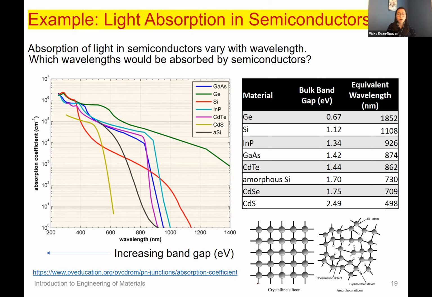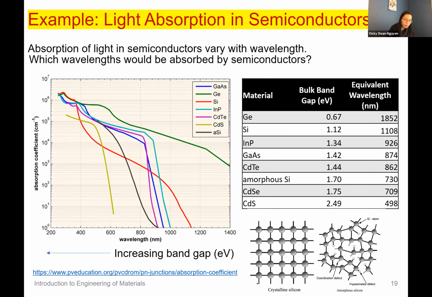They're used in homojunction photovoltaics, so that means you have one material in your solar cell, or heterojunctions to maximize the efficiency of your solar cell. So typically when you see all those arrays of silicon, the solar farms basically, depending on what the cells look like, it could be amorphous silicon or crystalline silicon.